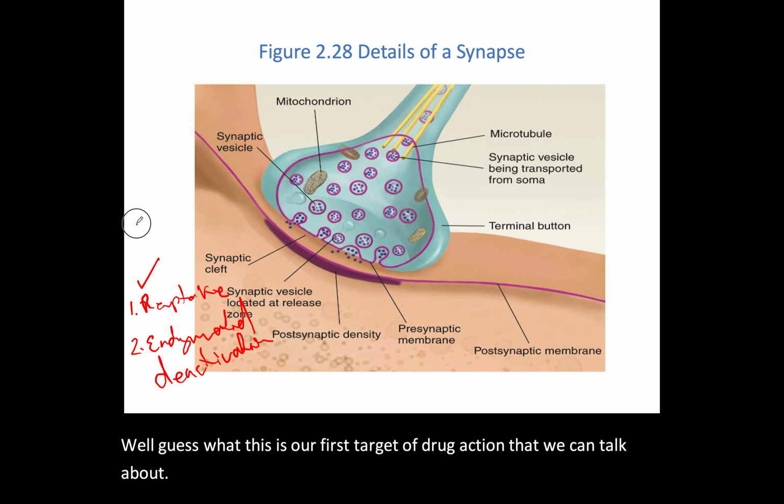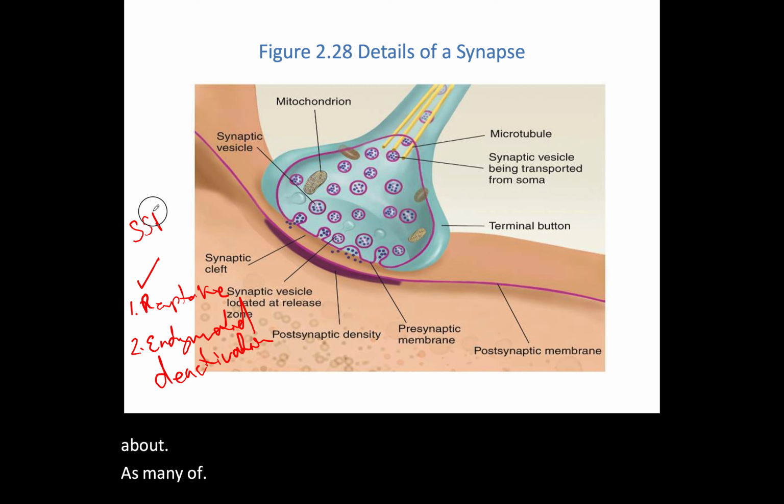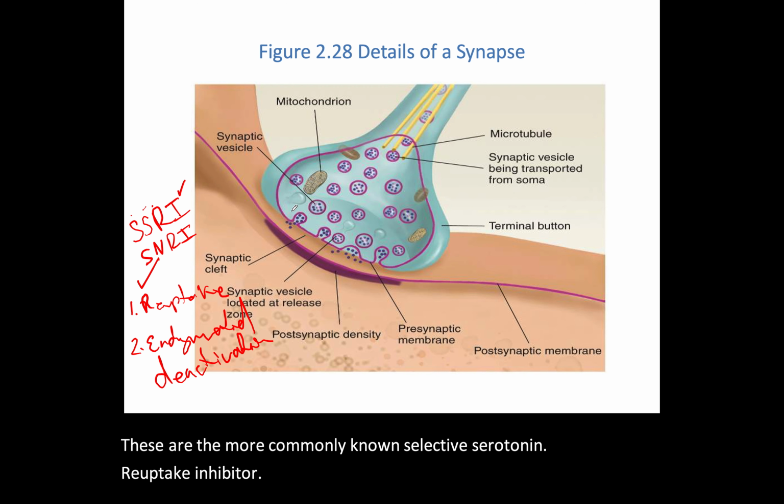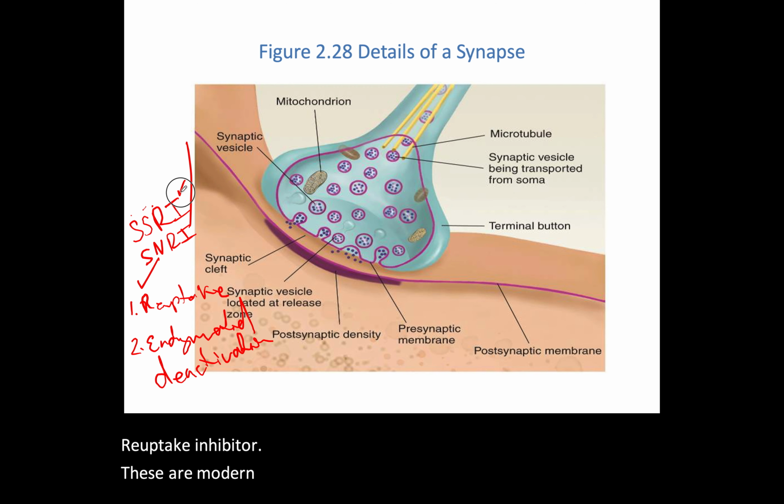As many of you know, SSRIs or SNRIs. They largely work very similarly, but these are the more commonly known selective serotonin reuptake inhibitors. These are modern antidepressants.